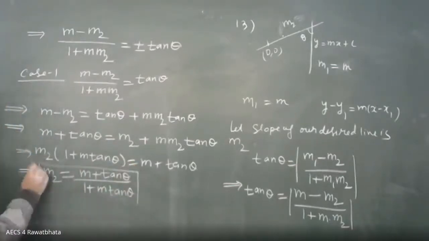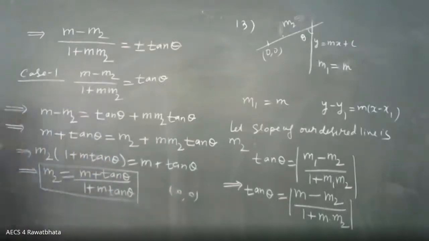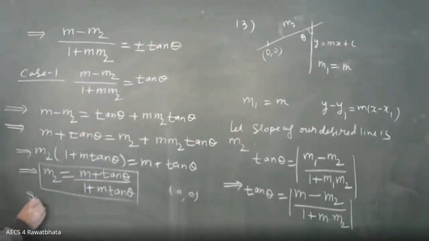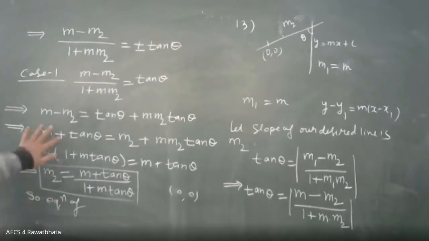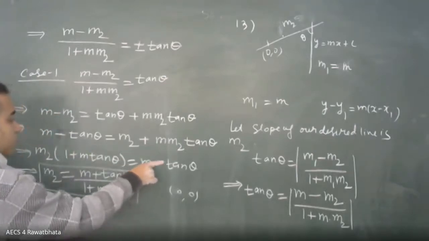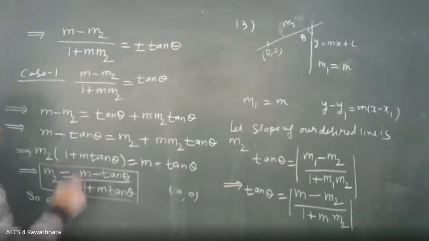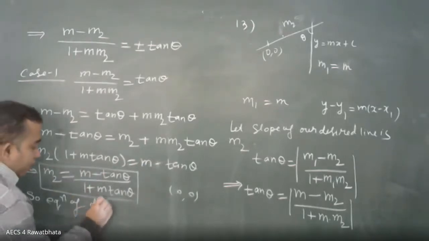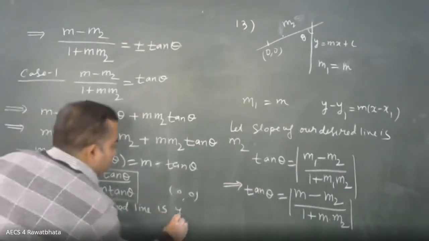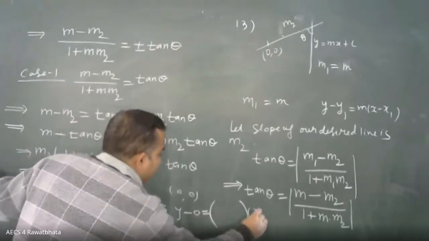Here I have got the slope, the point is 0 0, so the desired equation can be written. Desired equation will be y minus y1. Yes, I made an error, m minus tan theta will come, thank you. So the equation of the desired line is y minus 0 is equal to this full value into x minus 0.